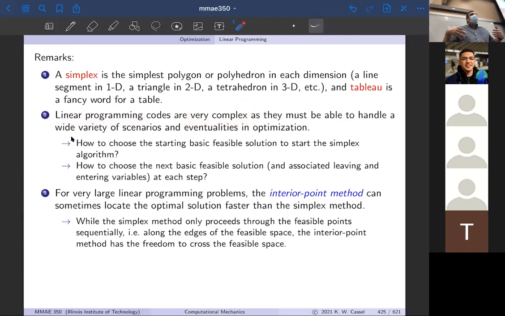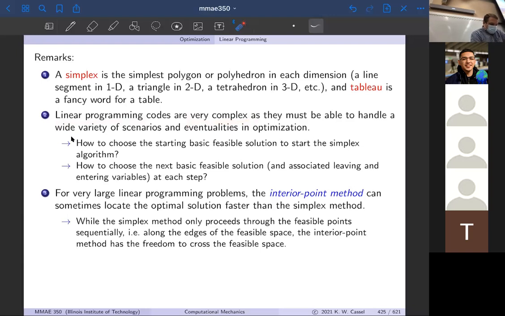And it's just a matter of, well, where do I start and how do I know which direction to go from one possible point to another? So these programs are extremely complex because they have to handle a whole host of different possibilities, which I'll discuss on the next slide. And so again, I focused on the principles behind it. There's no way I've given you anywhere near enough information to actually program this. What I've given you is kind of a sketch of the procedure.